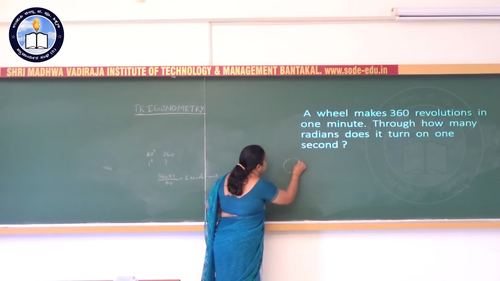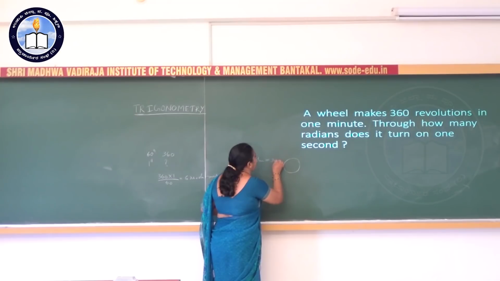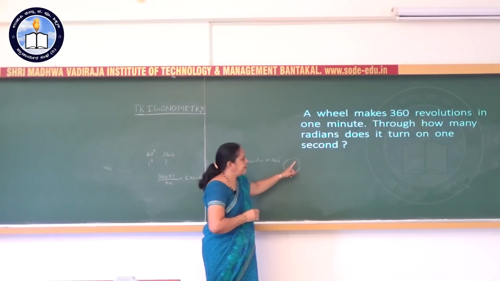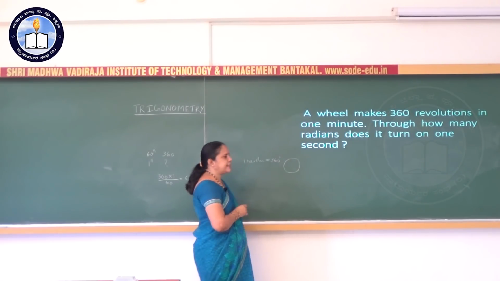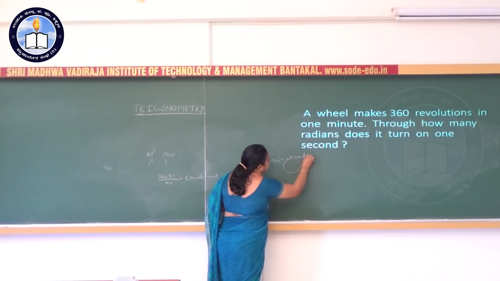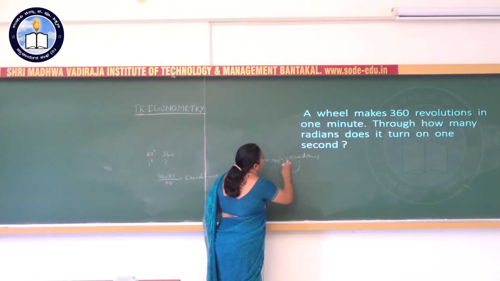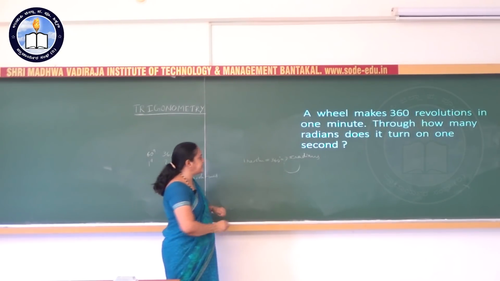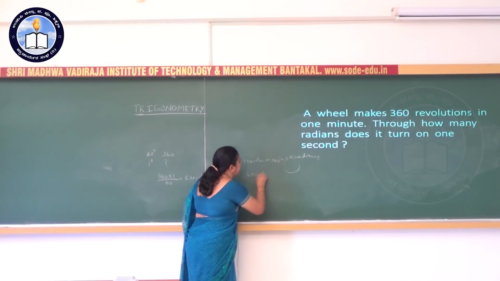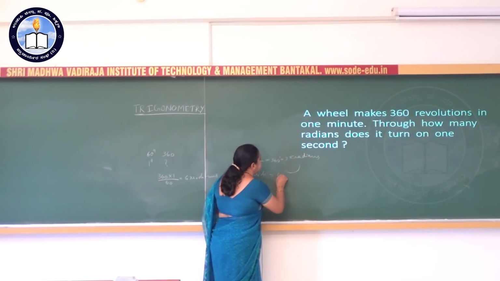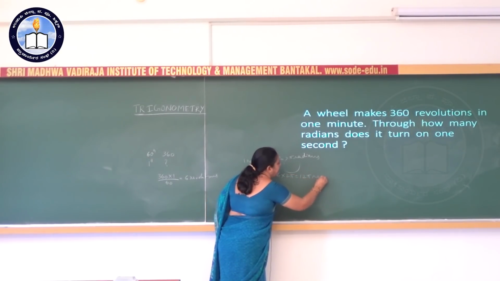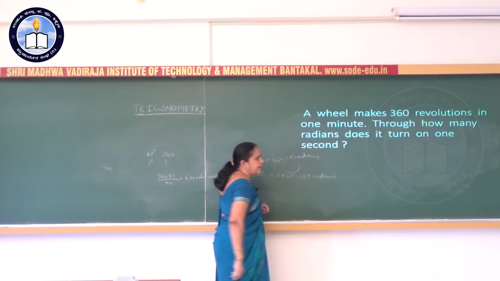In 1 revolution, the wheel turns an angle of 360 degrees or 2 pi radians. So, in 6 revolutions, what is the angle turned by the wheel? It is 6 into 2 pi, that's equal to 12 pi radians.